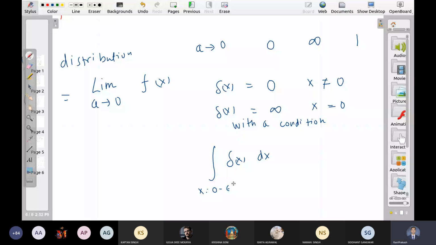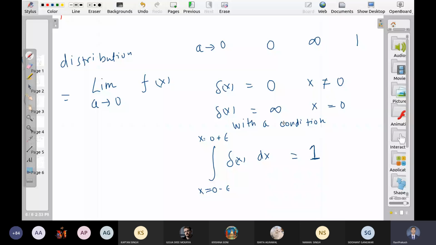Epsilon is any small number you can think of. Has to be equal to how much? 1. So this restriction defines the Dirac delta function. It is infinity, no doubt, but this is not some arbitrary infinity value. It has to respect this restriction. So it's a function like this.